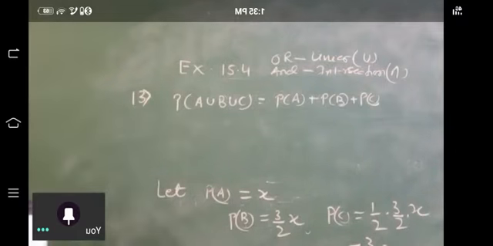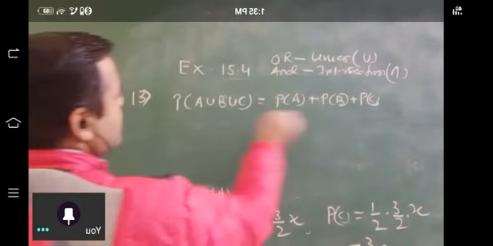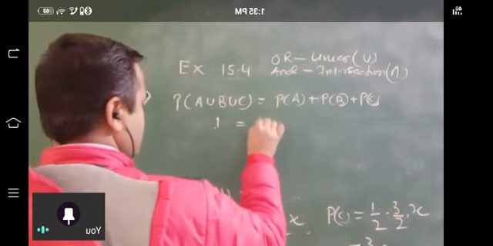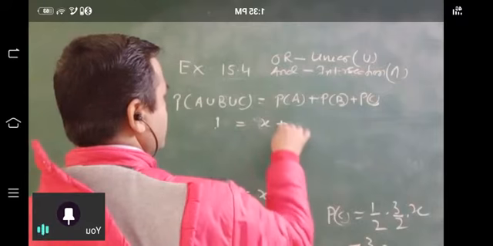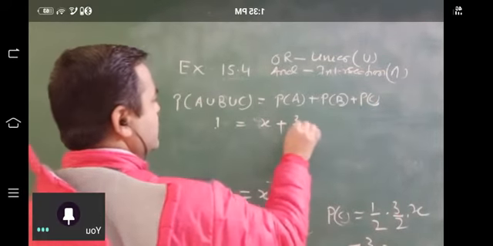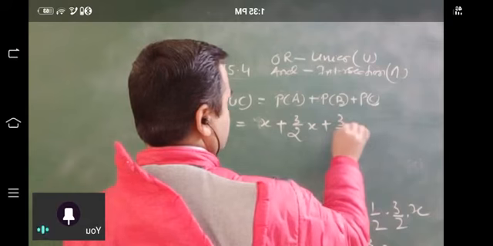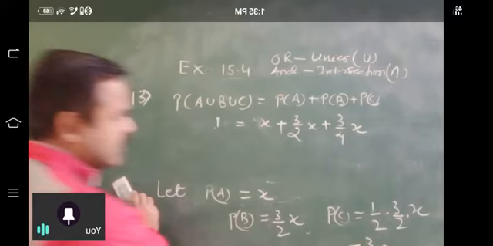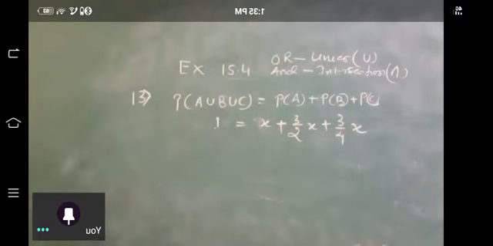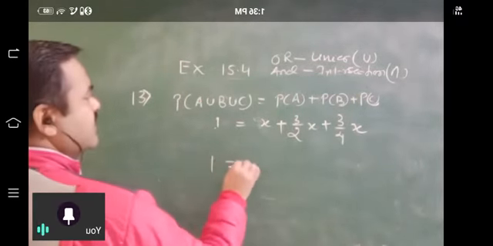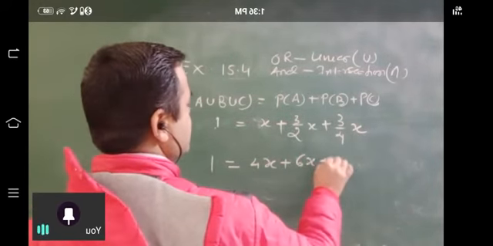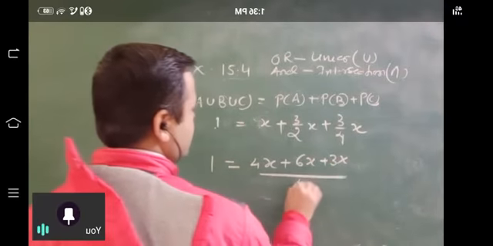Now, since you know the sum of all the probabilities is 1, so 1 equals probability of A which is X, plus probability of B which is 3/2 of X, plus 3/4 of X. Now the LCM is 4, so 1 equals 4X plus 6X plus 3X divided by 4.